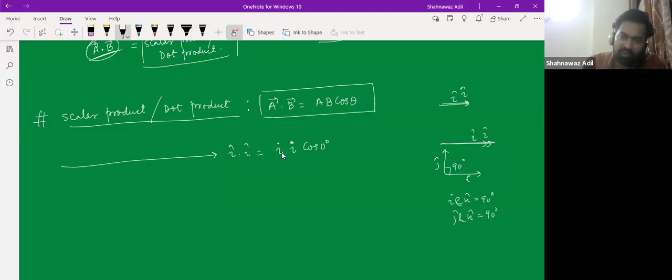What is the magnitude of I hat? Let me see if you remember the idea of I hat.